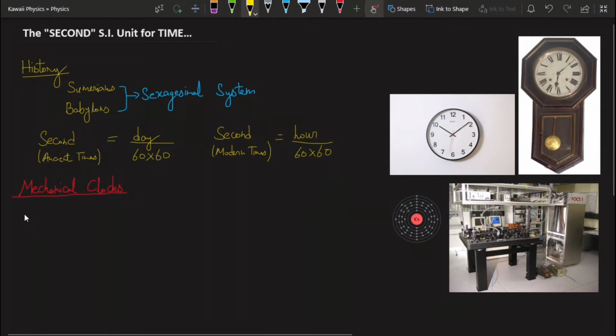Let me write it down. In 1656, by the Dutch scientist Christian Huygens.